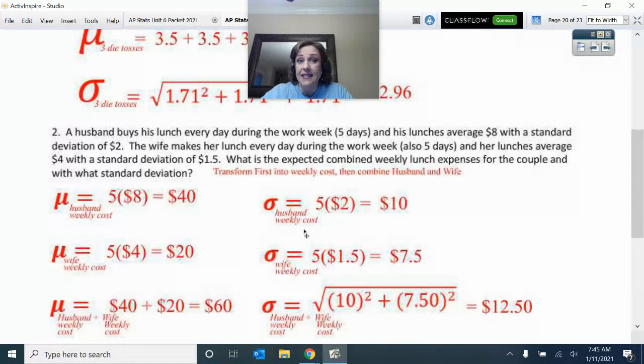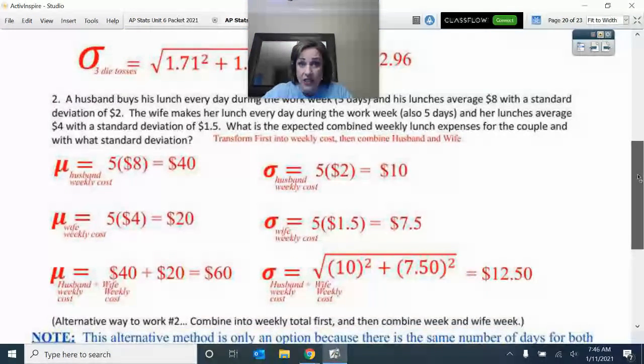So for means and standard deviations, multiplying times 5 is good to go. Multiplying times 5 for standard deviation as well. So then when I combine the husband and wife, they add together to be $60. And this standard deviation, of course, is the Pythagorean theorem of these two values of their weekly costs.